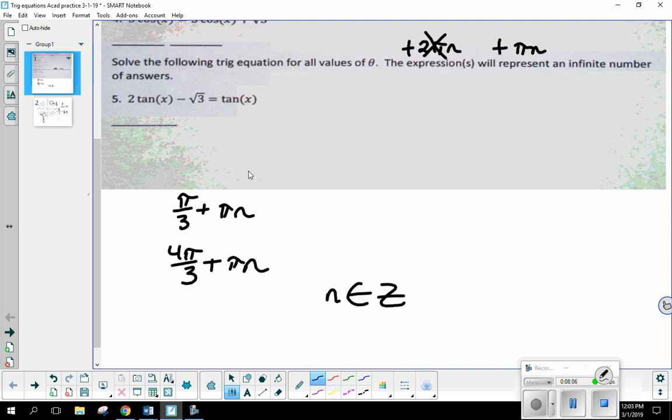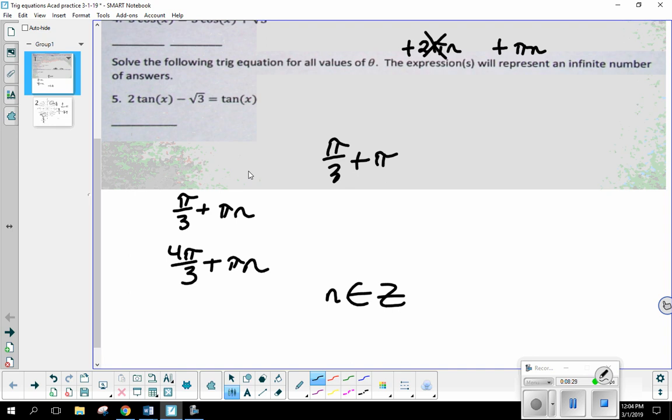Okay, so if I keep adding multiples of pi to pi over 3, I'm going to get my answers, right? If I keep adding pi to 4 pi over 3, I'm going to get my answers. But look at what happens when I actually take n equals 1. 1 revolution. Pi over 3 plus pi. How would I add those together?